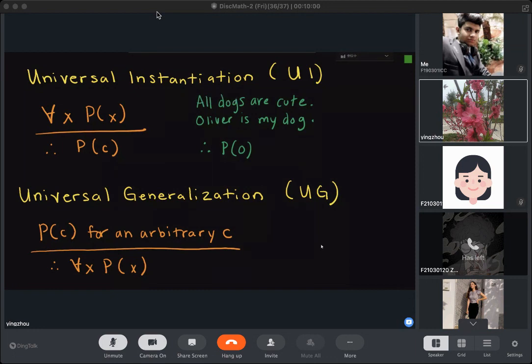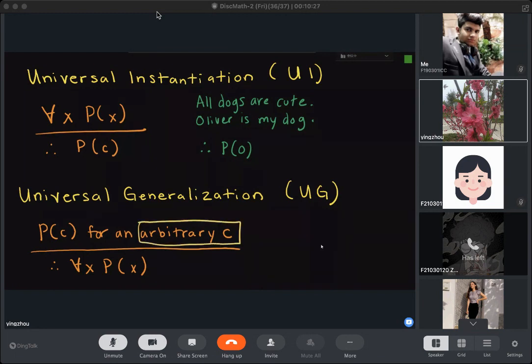The universal generalization is essentially this rule backwards. So if I tell you that P(c) is true for an arbitrary c, then essentially I'm saying it is true for all values. Now the important thing to remember with this rule is that we're talking about an arbitrary c.